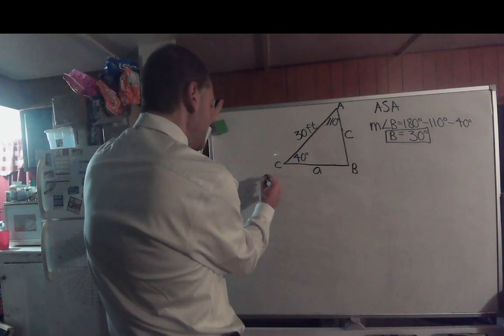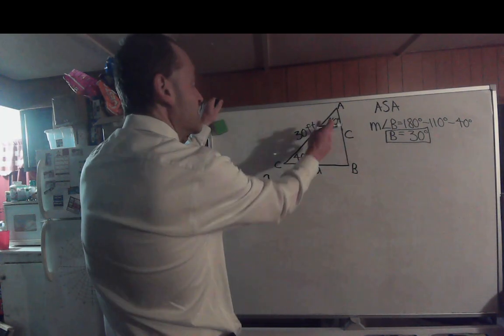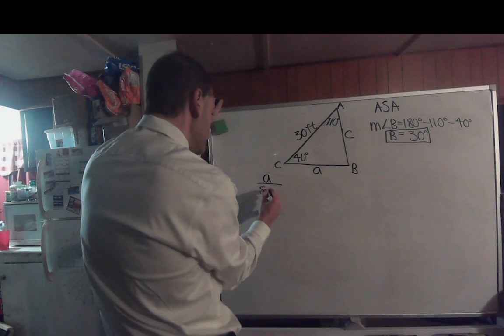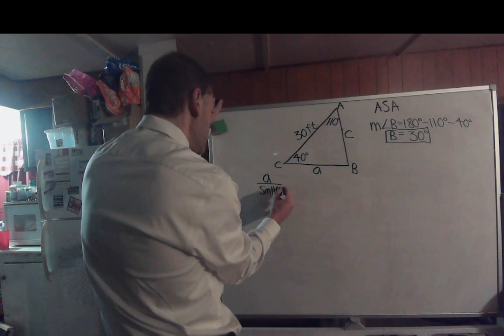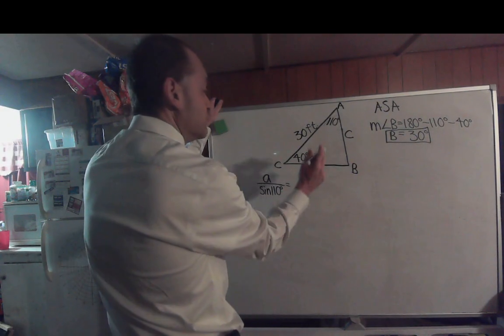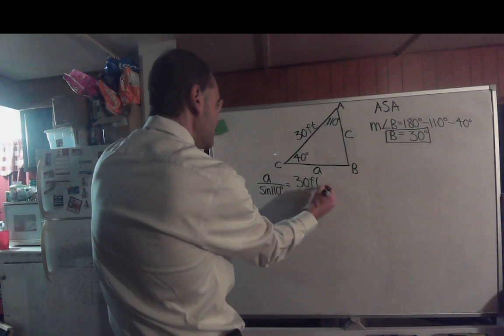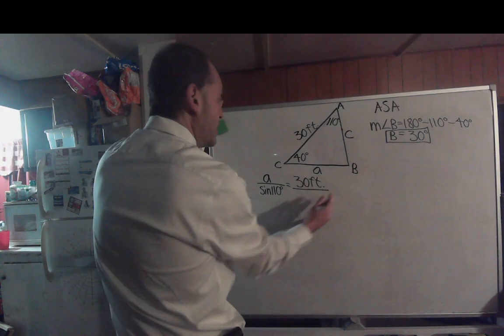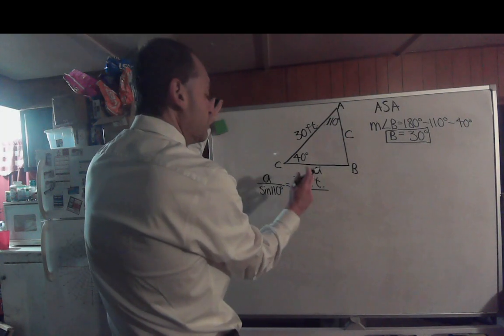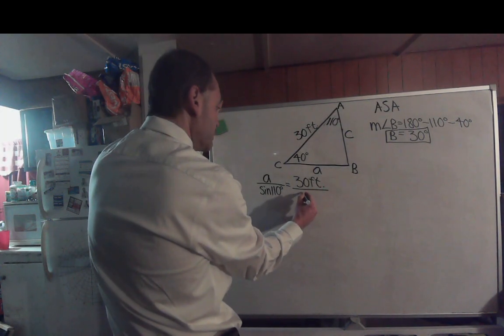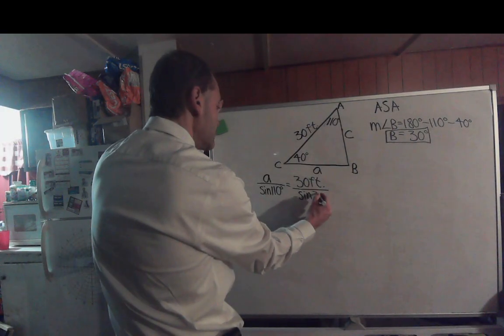So we can take that A over the sine of 110 degrees, set that equal to side B, which in this case was 30 feet, divided by angle B, which would be the sine of 30 degrees.